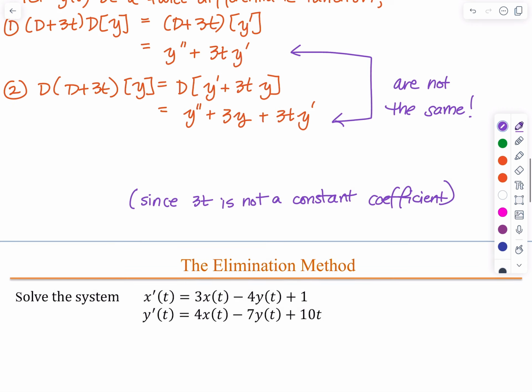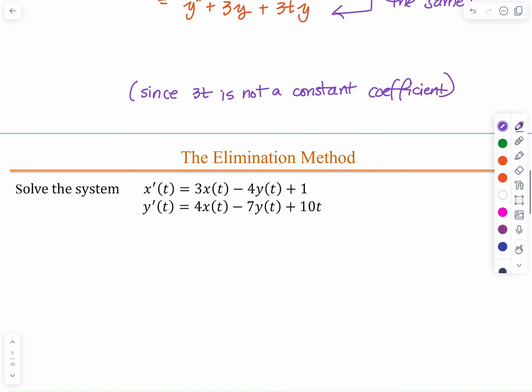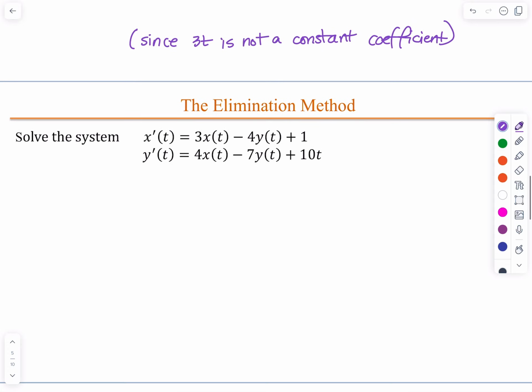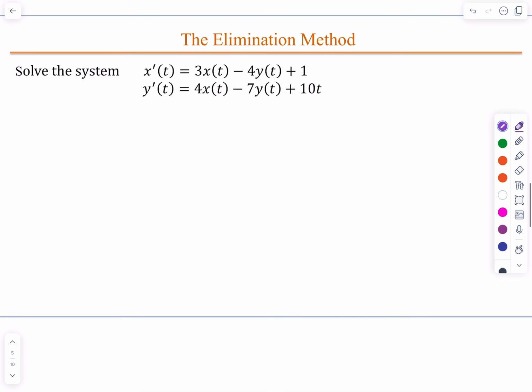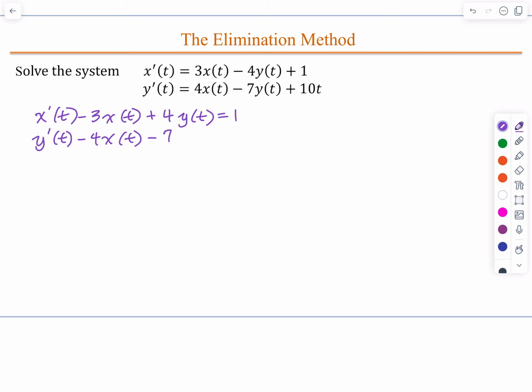Okay, let's talk about the elimination method. We're going to go ahead and solve this system, and then we're going to summarize. Let's go ahead and write these in standard form. So we have x prime of t minus 3x of t plus 4y of t is equal to 1, and y prime of t minus 4x of t plus 7y of t is equal to 10t.